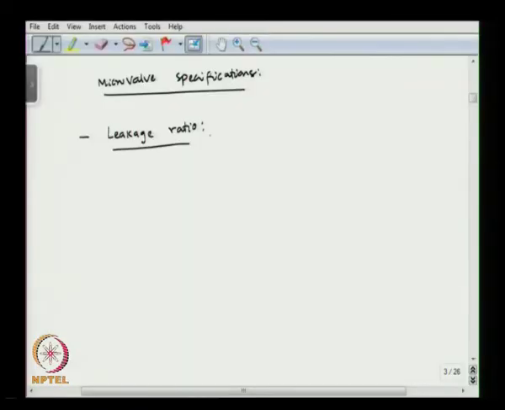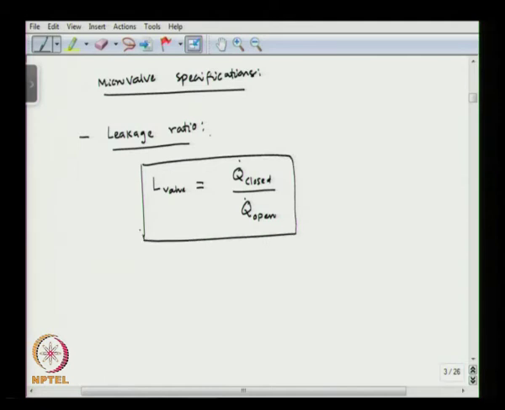The leakage ratio, which is specified as L valve, is defined as the flow rate through the valve in the closed state divided by the flow rate in the open state. And if there is no leakage in the closed state, the leakage ratio is going to be 0.